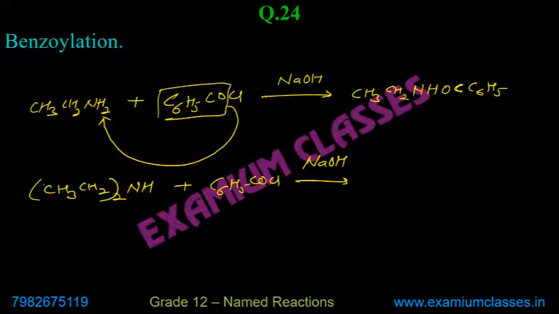So it will take place in the presence of NaOH or most of the alkalis. You can mention OH minus also. So in this case, it will be (CH3CH2) whole twice N, and then this hydrogen will be replaced by COC6H5.